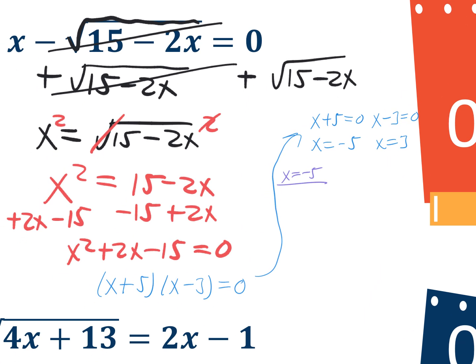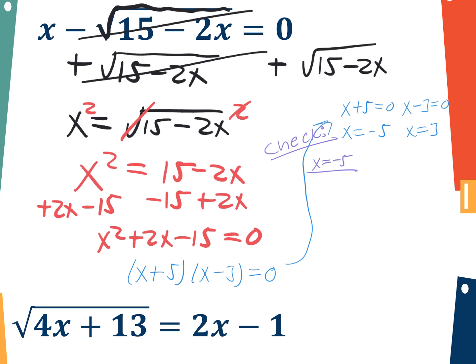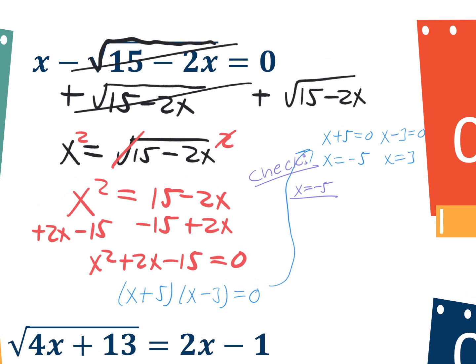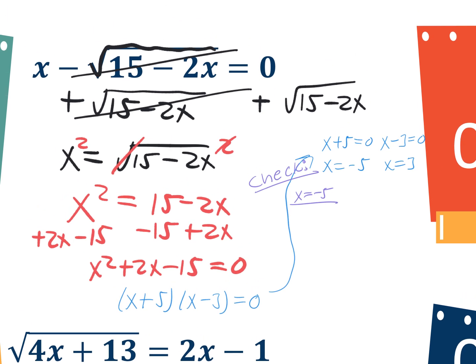All right, so let's check. Let me just write it down. This is our check. Let's check x equals negative 5. Plugging in a negative 5 everywhere that you see an x is going to be negative 5 minus the square root of 15 minus 2 times negative 5 equals 0.